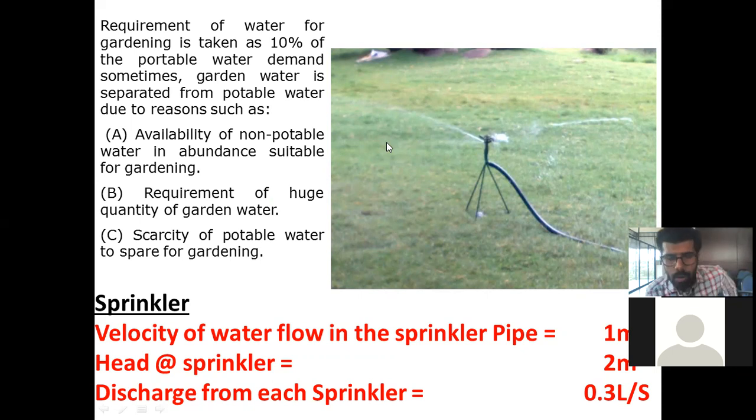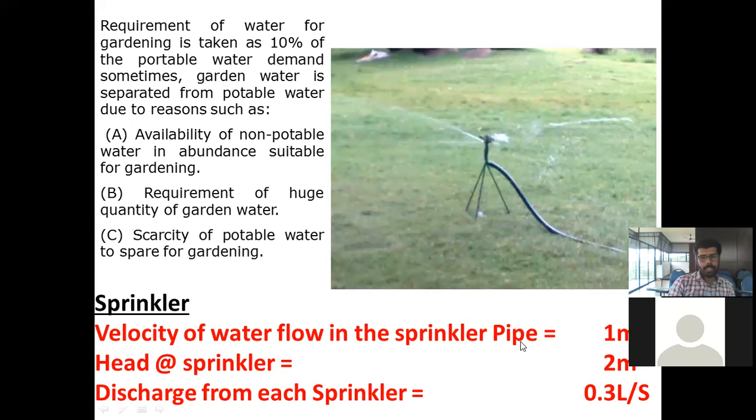Now, another important thing to keep in mind is that when you are designing a sprinkler system, you have to maintain these properties at each sprinkler. The velocity of the water flow in the sprinkler pipe should be 1 meter per second. We will be designing with respect to this.